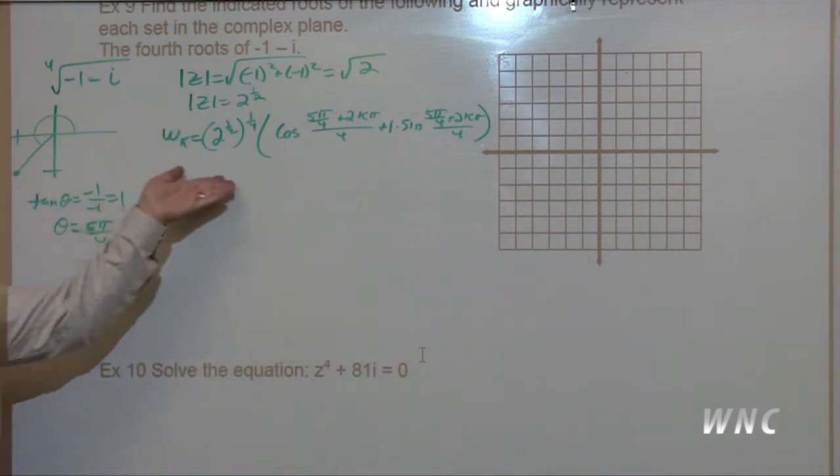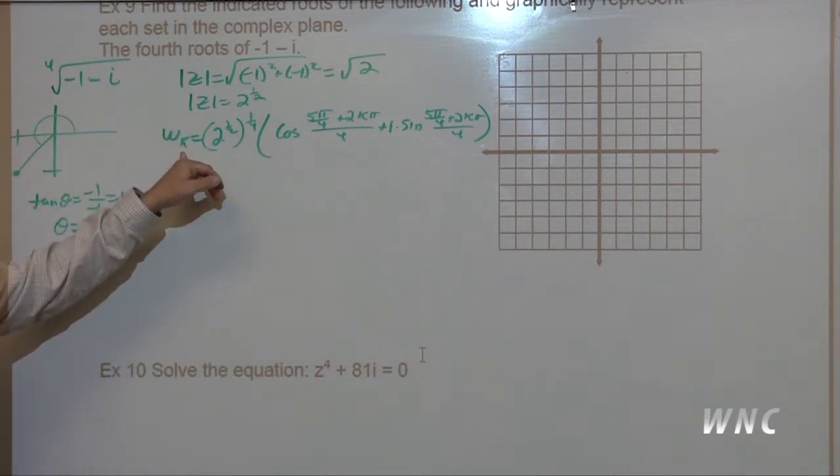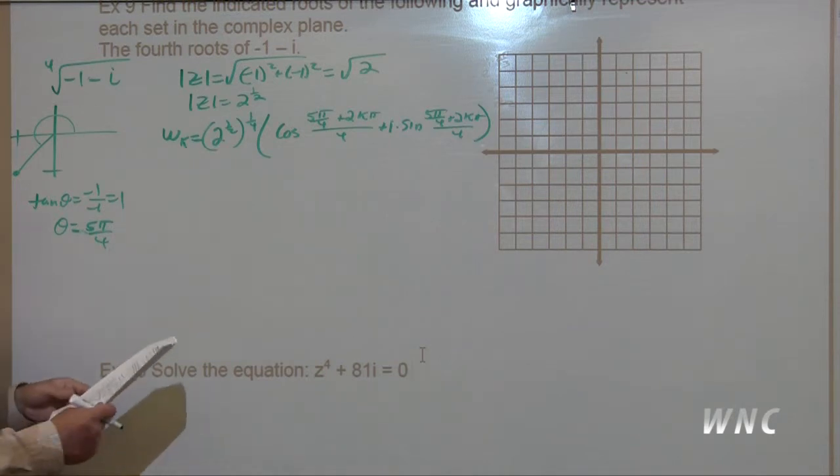So this is the general solution. We're going to use k being 0, 1, 2, and 3.